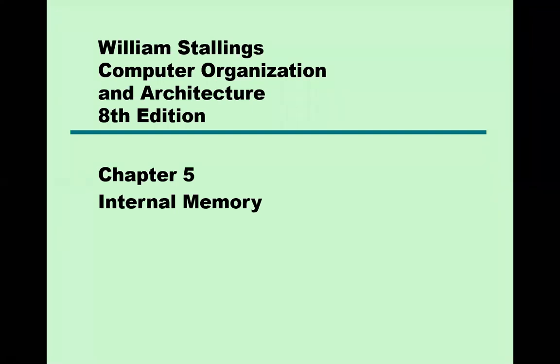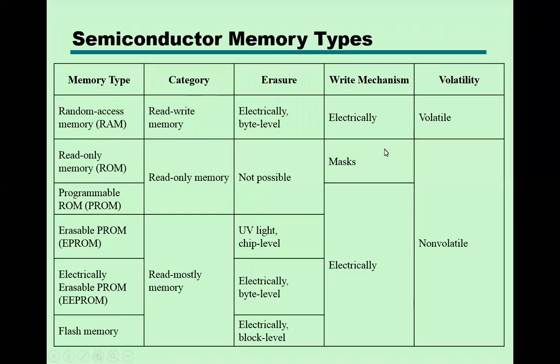Today we will discuss types of RAM, and after this lecture, we'll discuss types of ROM. These are the different types of semiconductor memory we will discuss in upcoming lectures.